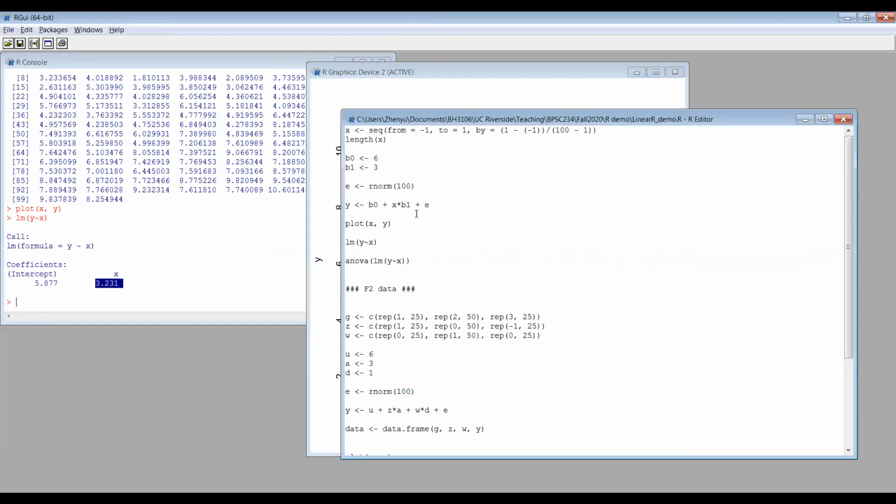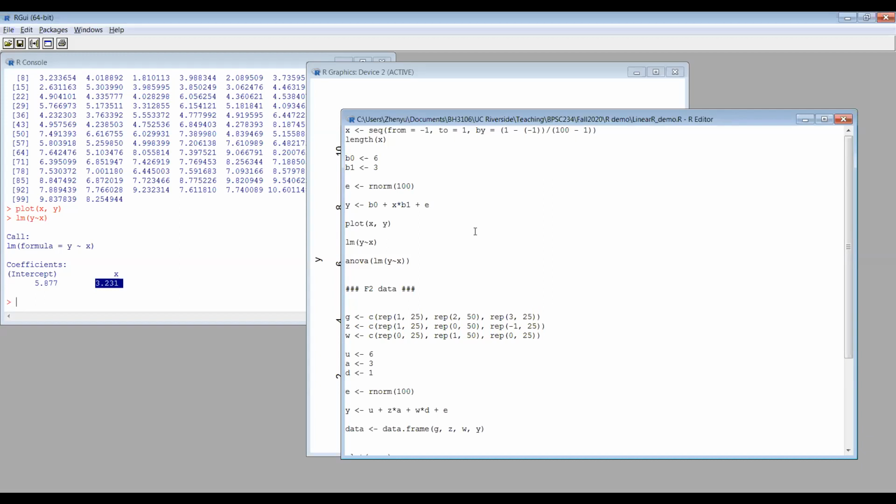Because in this simulation, I put the random error in the data, right? The existence of this random error makes it impossible for you to get a 100% accurate estimate of your parameter.